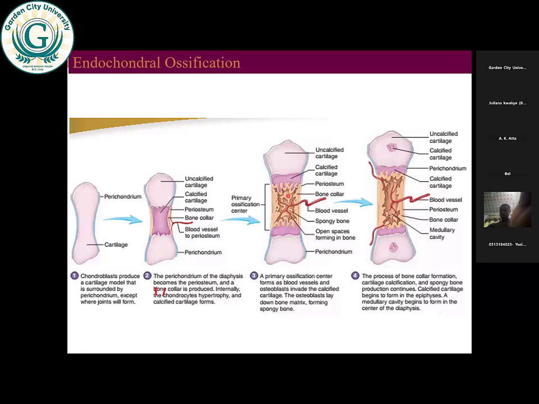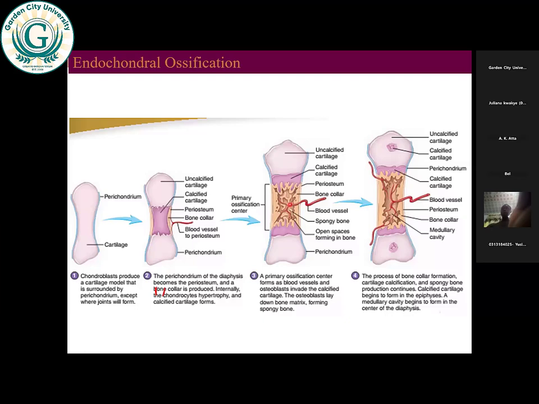The bone matrix. So the place that was originally cartilage is now gradually being replaced by what? Bones. And it always occurs first in the what? In the diaphysis. We call it the ossification center, the primary ossification center.